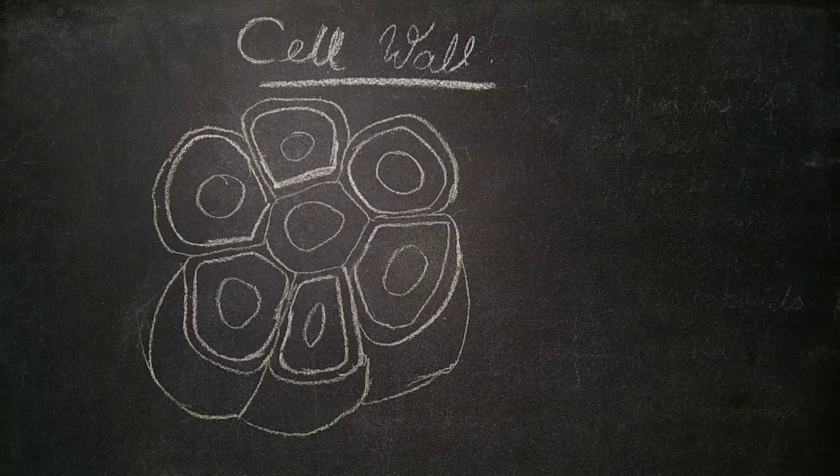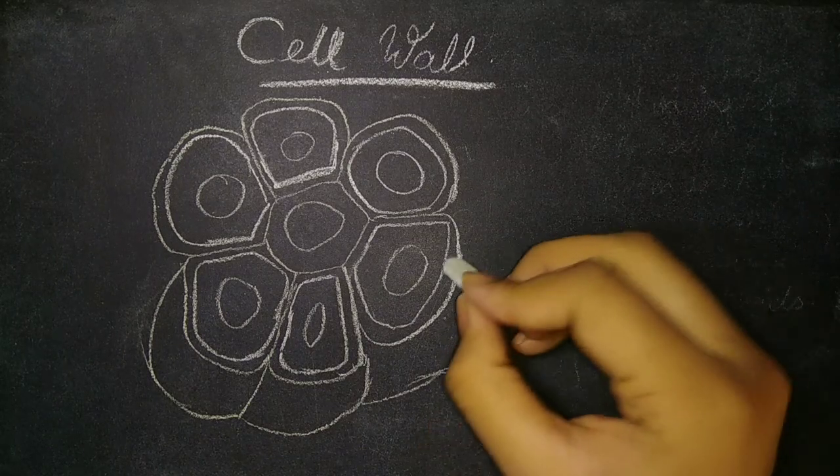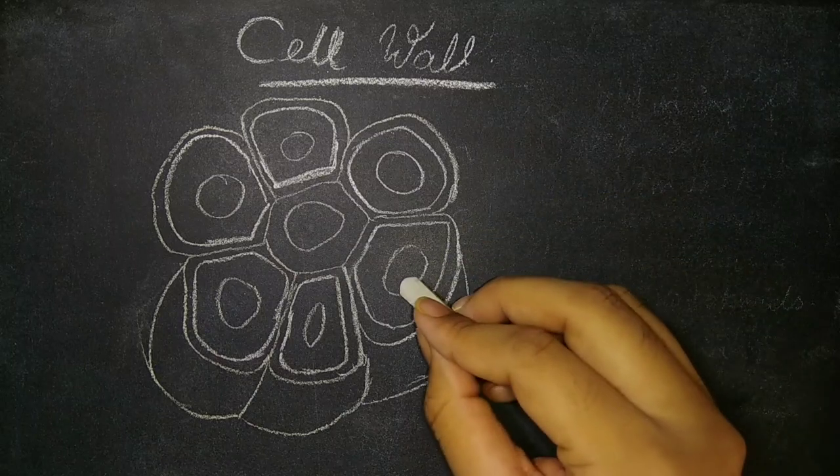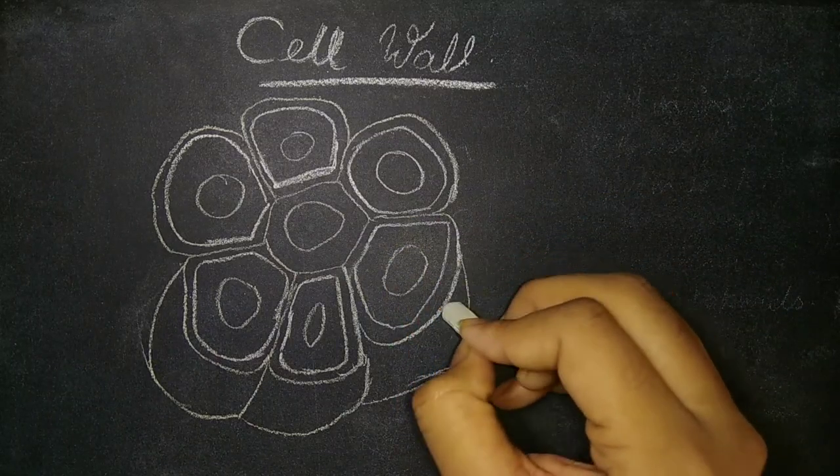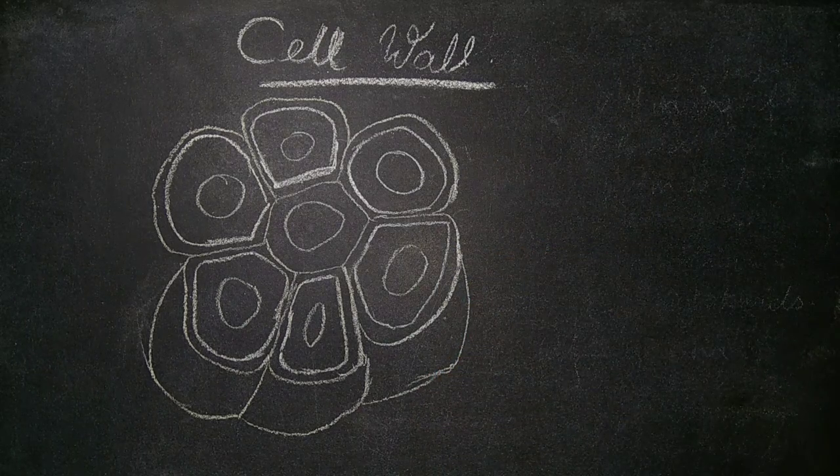The next is the cell wall. The cell wall gives a definite shape and provides protection to the protoplasm. In this diagram you can see the cell wall surrounding each particular cell. The cell wall is usually non-living in nature and is permeable.